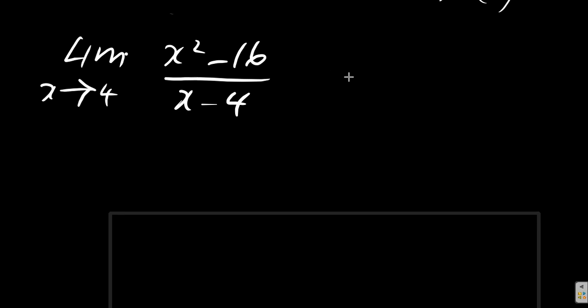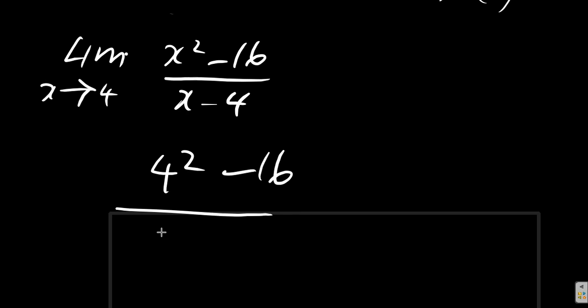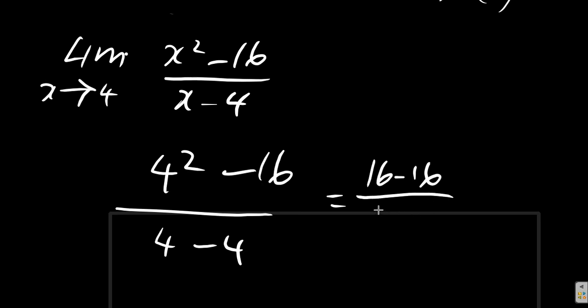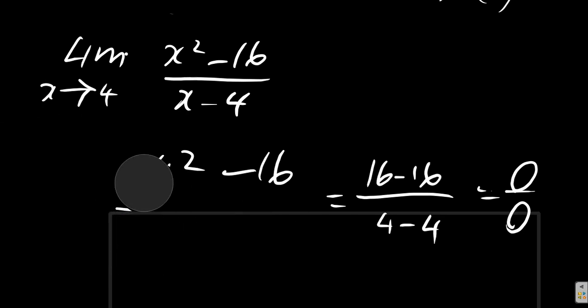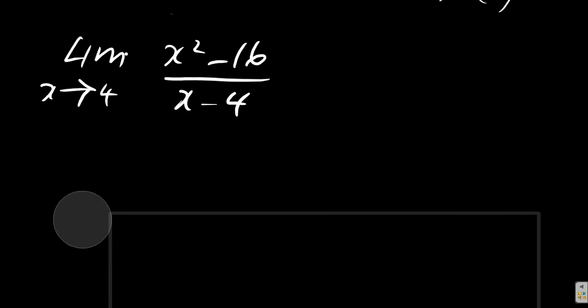If you make a direct substitution, what you would get is 4 squared minus 16 divided by 4 minus 4. You'd have 16 minus 16 divided by 4 minus 4. So you'd have 0 divided by 0. Okay. Now, since we get a 0 divided by 0, let's try L'Hopital's rule on it.